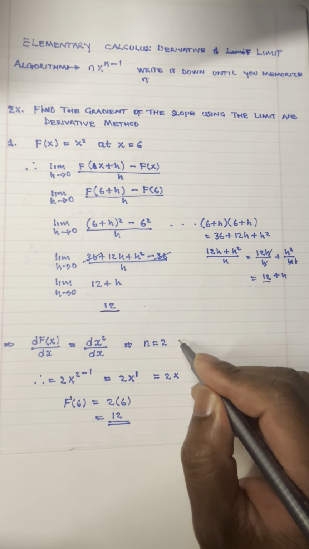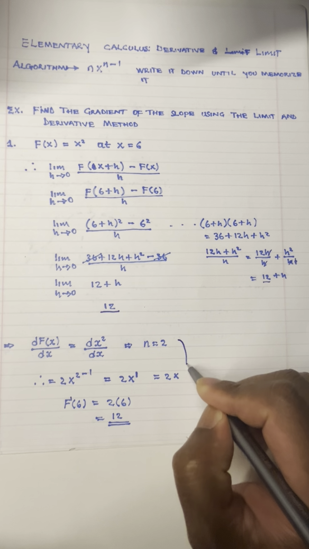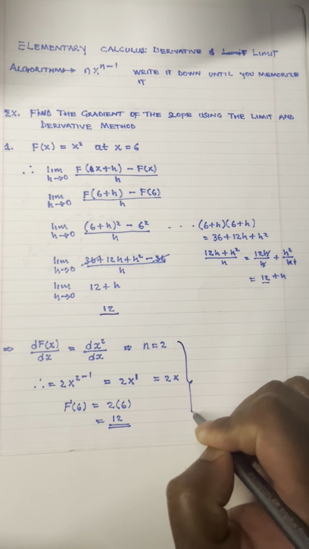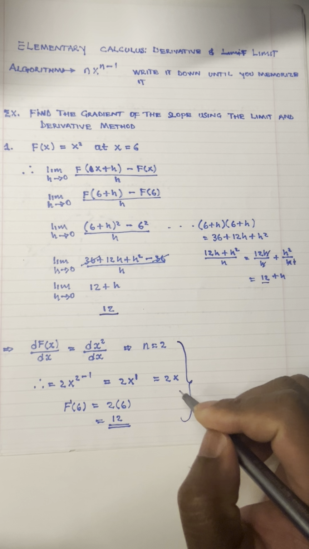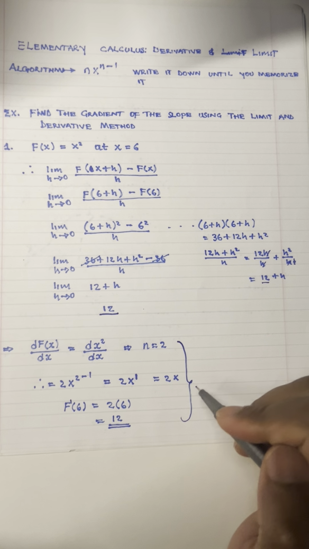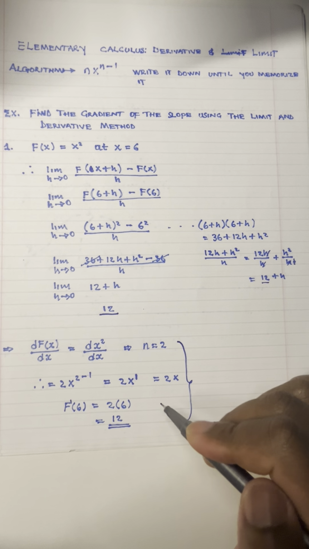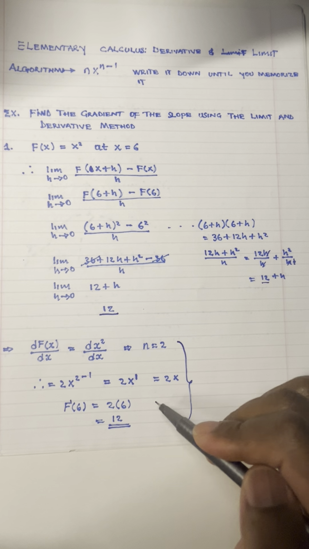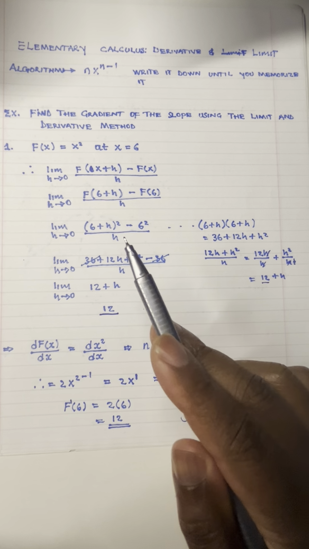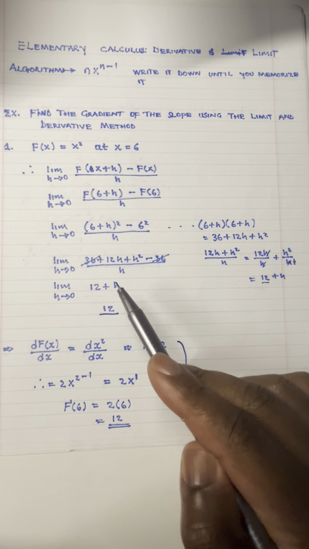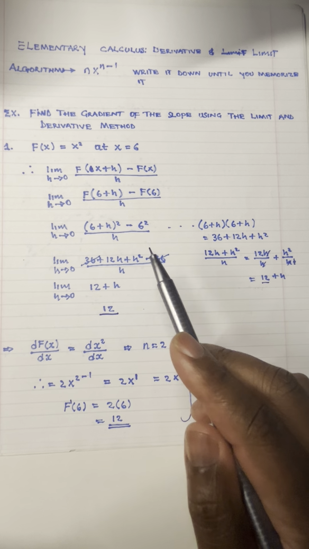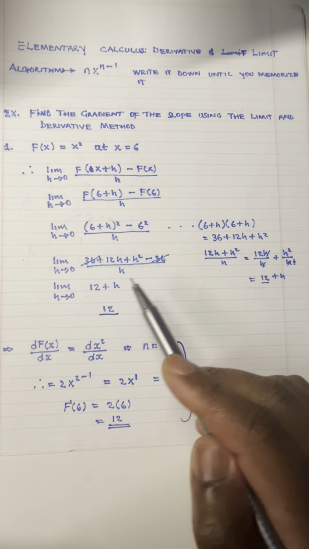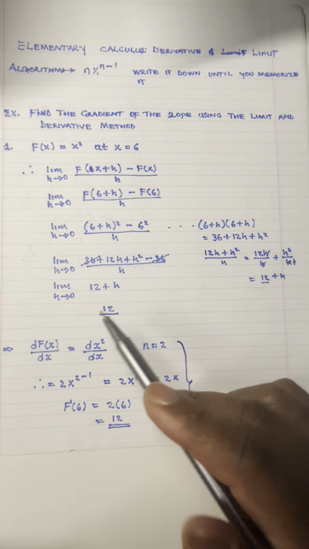And that is why I always prefer, if you were taking your exam and they didn't say to use the limit theorem, you use this one over here, because the shorter your steps, the less likely you are to make mistakes. When my steps are many, it's very easy to make a mistake, and a mistake will cost you maybe a few points.